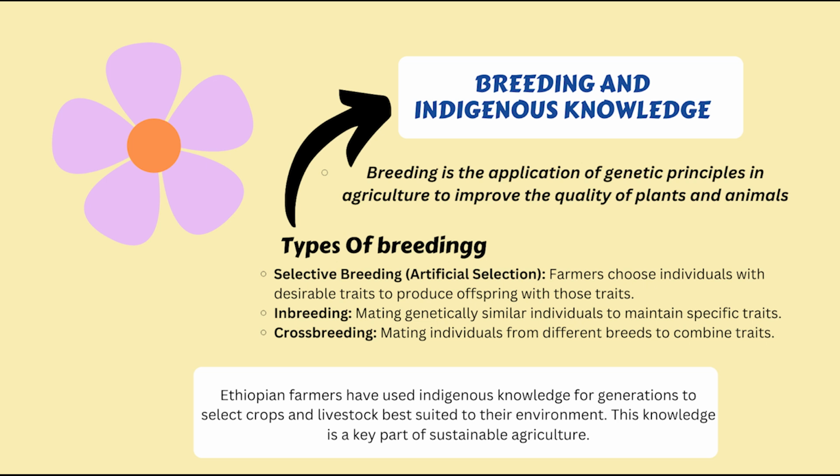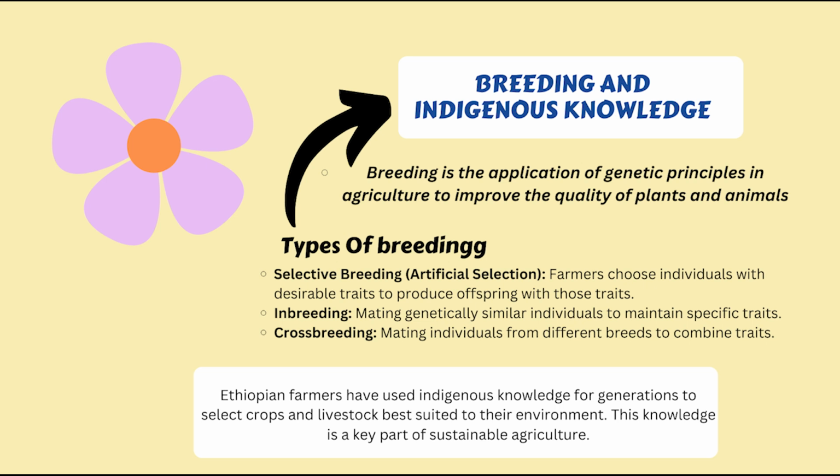When we say selective breeding or artificial selection, farmers choose individuals with desirable traits to produce offspring with those traits. Inbreeding is mating genetically similar individuals to maintain specific traits, whereas crossbreeding refers to mating individuals from different breeds to combine traits. So these are the different types of breeding.